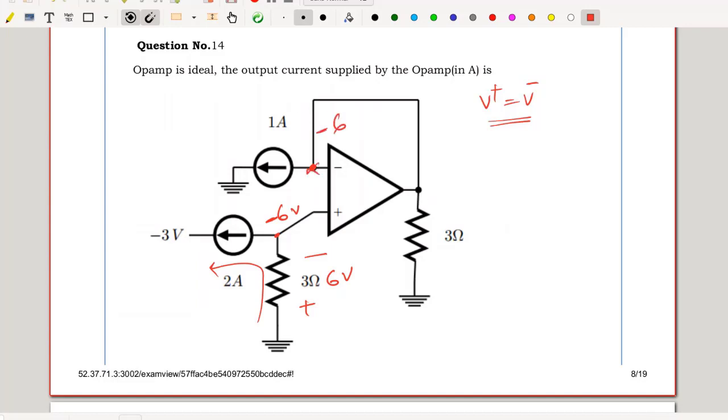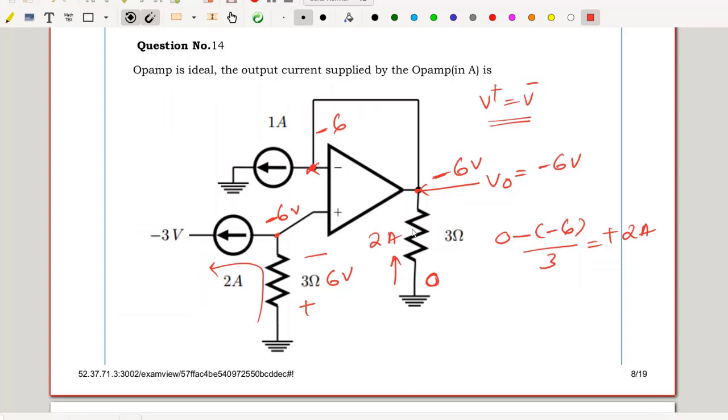These two nodes are connected together, hence my V out is also at minus 6 volts. The current flowing towards up: this is at 0 potential, this is at minus 6 volts, so 0 minus minus 6 divided by 3, 6 by 3, positive 2 ampere comes up, 2 ampere towards up.